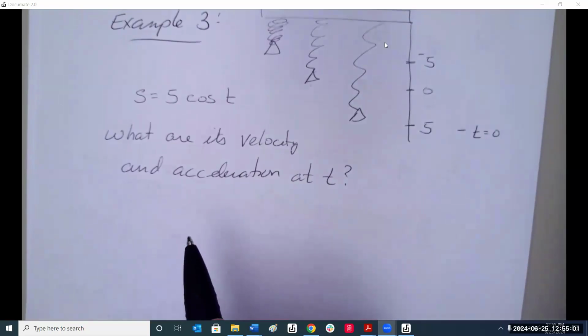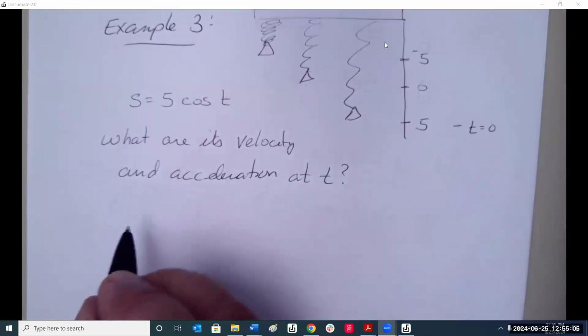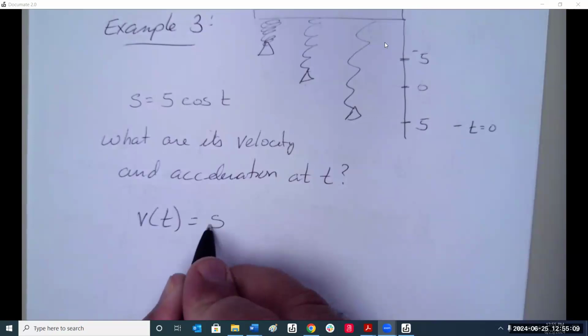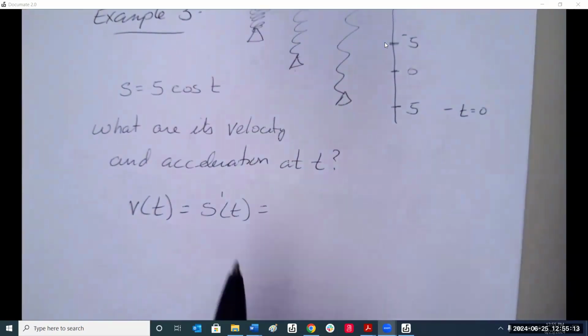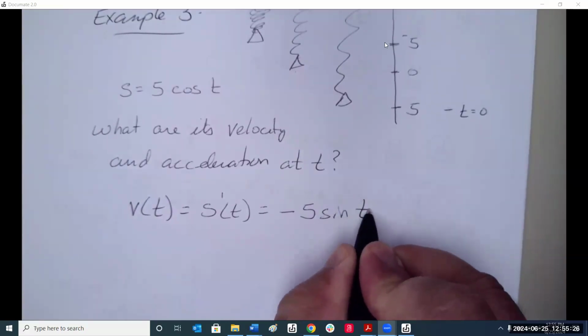So how do we find velocity? The derivative, yeah. So we have to take the first derivative of our position function. What's the derivative of 5 cosine t? -5 sine t.